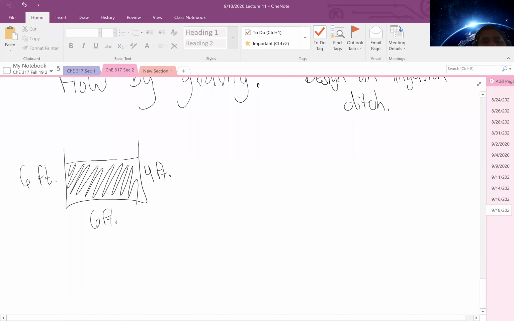So with this in mind, the ditch has to be able to handle a flow rate of approximately 50 cubic feet per second.